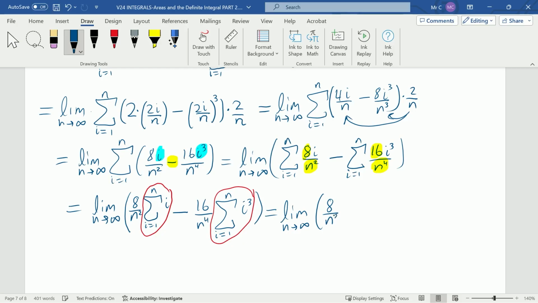This is 8 over n squared times n plus 1 over 2, minus, so that was just my first sum formula there, 16 over n to the fourth times, and for the i cubed sum, that formula was n times n plus 1 over 2, all squared.